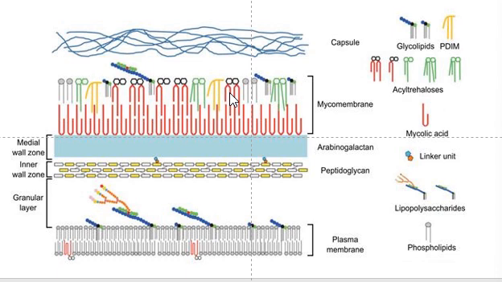All right. Now, the arabinogalactan also helps maintain the mycolic acid family and peptidoglycan. Without this linker, this lipid layer would gradually loosen, and it wouldn't maintain the rigidity of the cell wall.